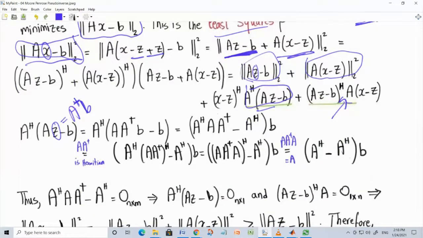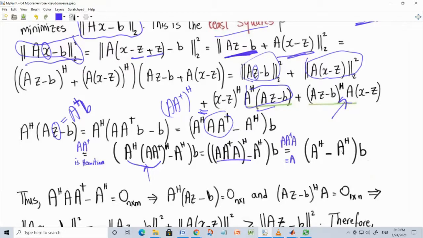Now, from the definition of the pseudo inverse, A times A dagger is exactly equal to its Hermitian. This is one of the requirements of the pseudo inverse, so I can write it as A dagger Hermitian. Okay, and then basically these two Hermitians can be combined as (A A dagger) Hermitian, right? So if you take the Hermitian of this guy, you will get this one.